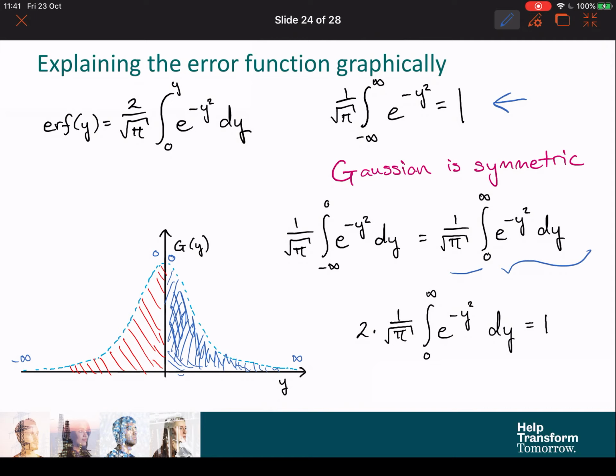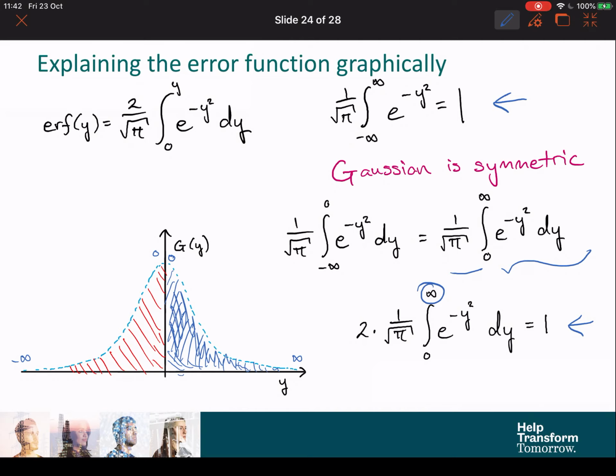Which is equal to 1. So now we've got an expression that looks very much like the error function. The only difference is that in this expression the upper limit of integration is infinity, whereas for the error function, we let it vary.